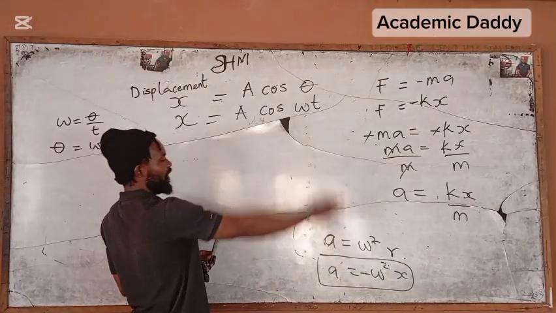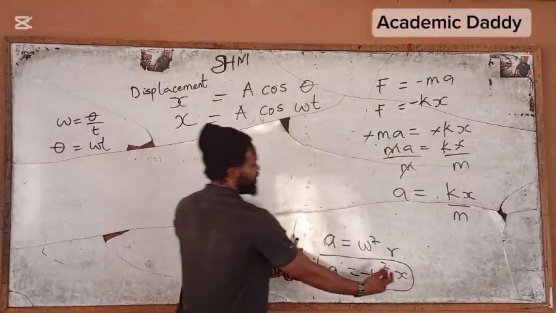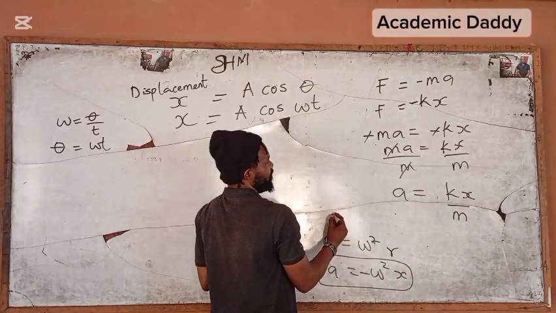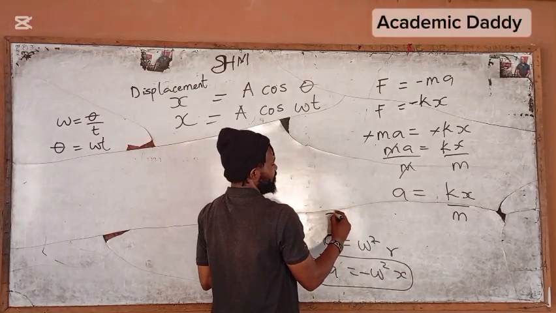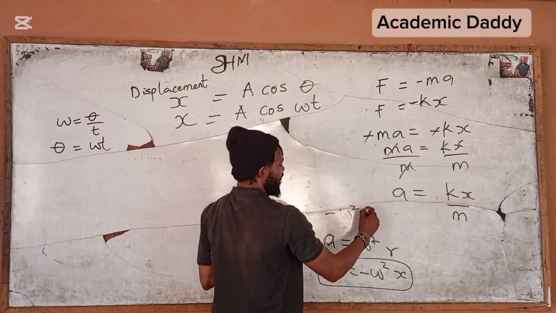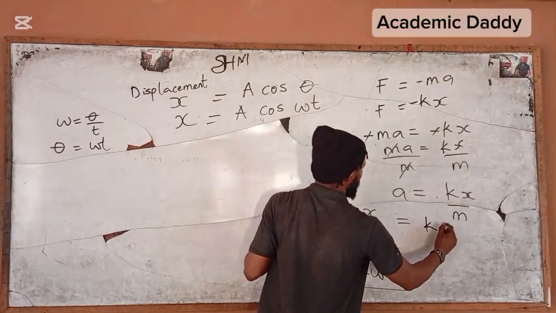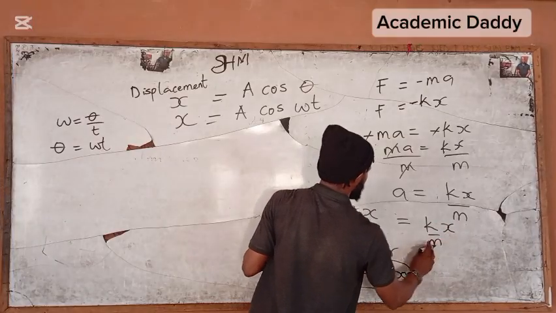If I carry this now and equate to this, it will be the same thing as saying that I have minus w squared x equals kx over m.